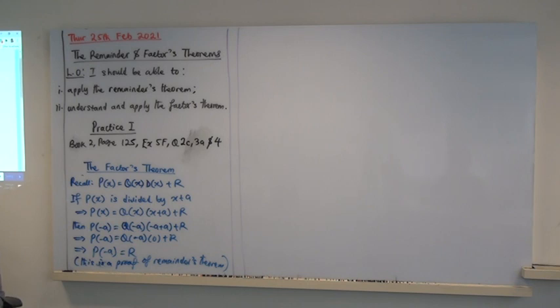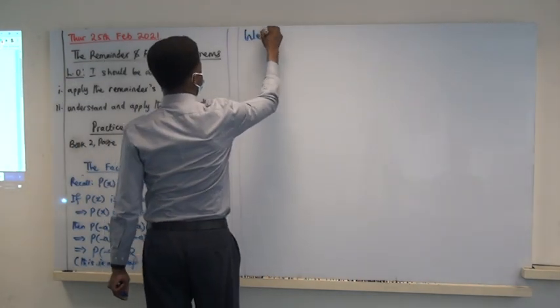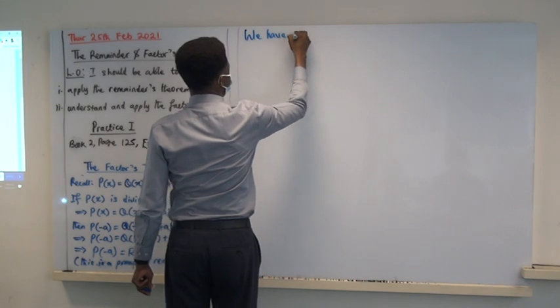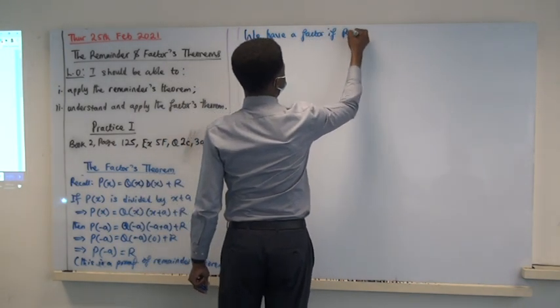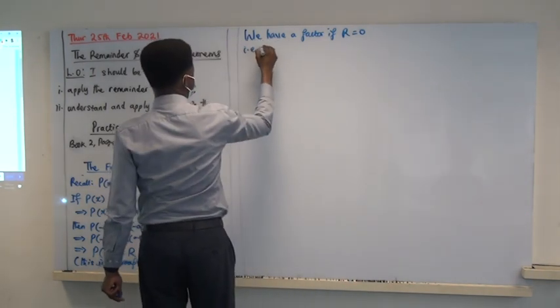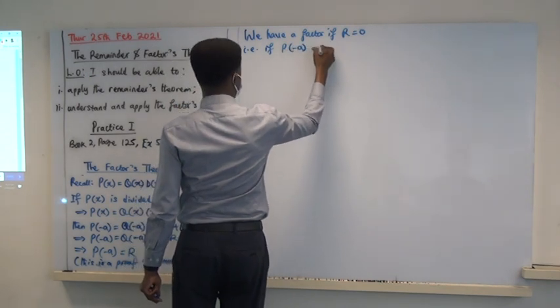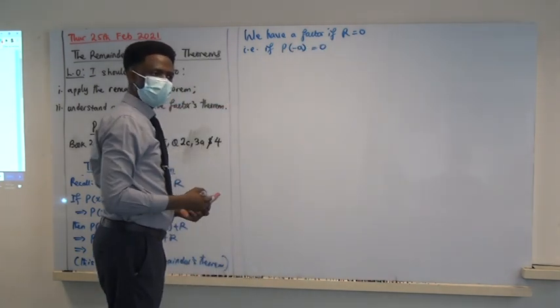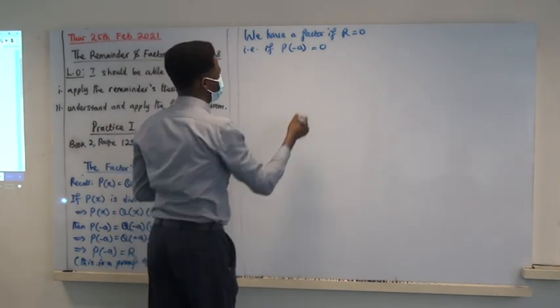A factor. And that is the factor theorem. Now, we have a factor if r is equal to 0. That is, if p of minus a is equal to 0. Okay? Hence the formal statement of the factors theorem.